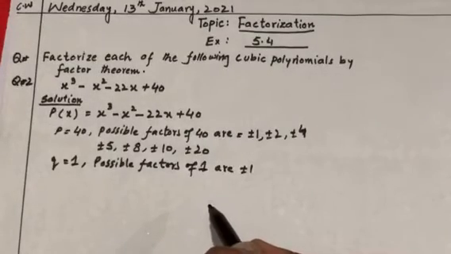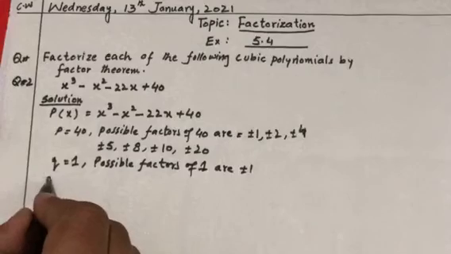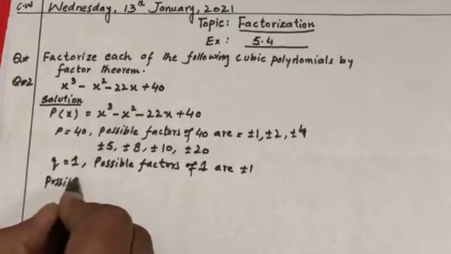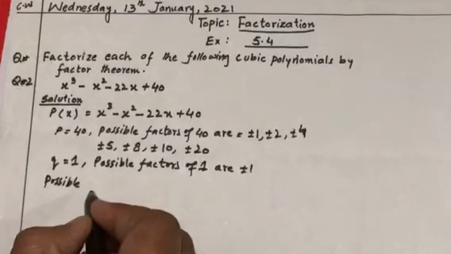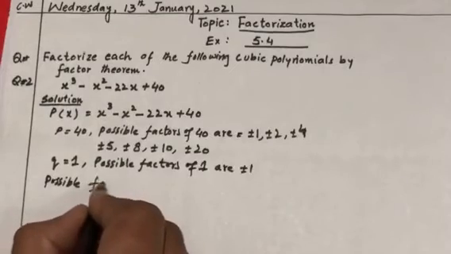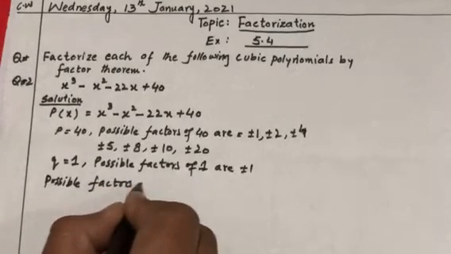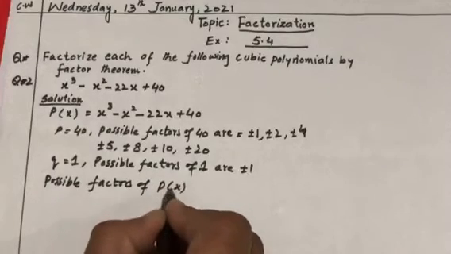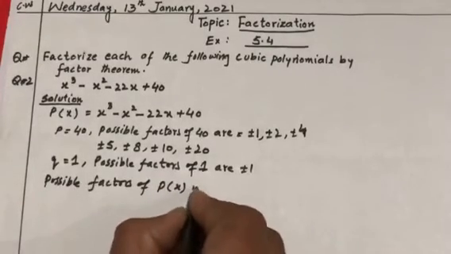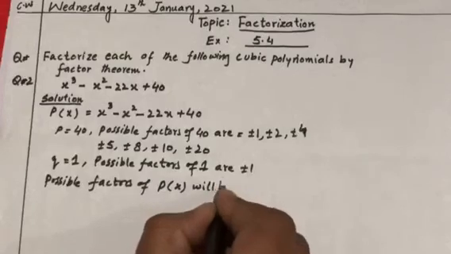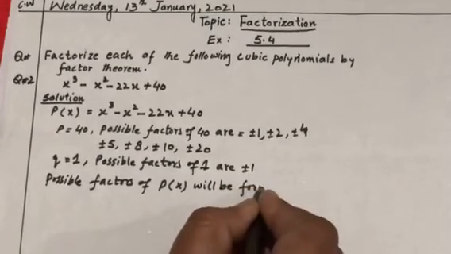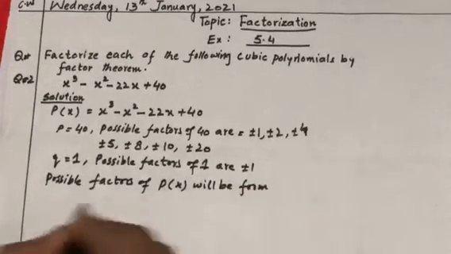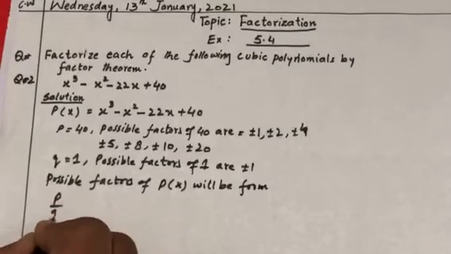So possible factors of the given polynomial p of x will be formed by p over q.